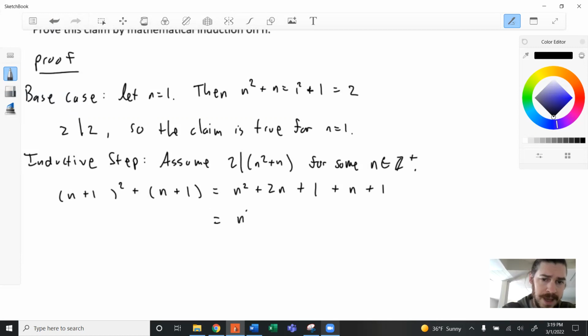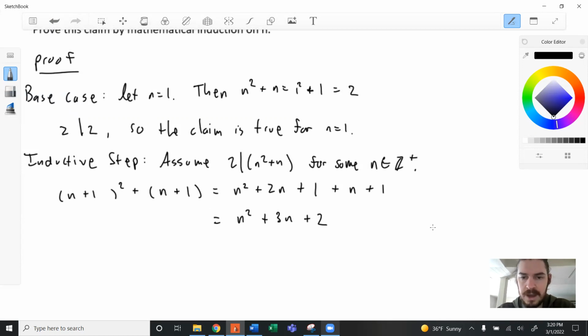If I combine all my like terms, I have n squared plus 3n plus 2, right? Now, not all of those are going to be even numbers necessarily. n squared, if n was an odd number, would be odd. We've got 3 times n in the middle there. That's not so good. 3n may not be a multiple of 2.